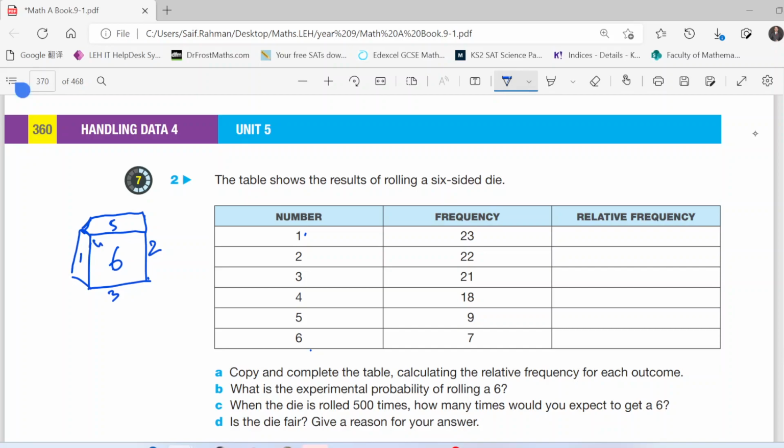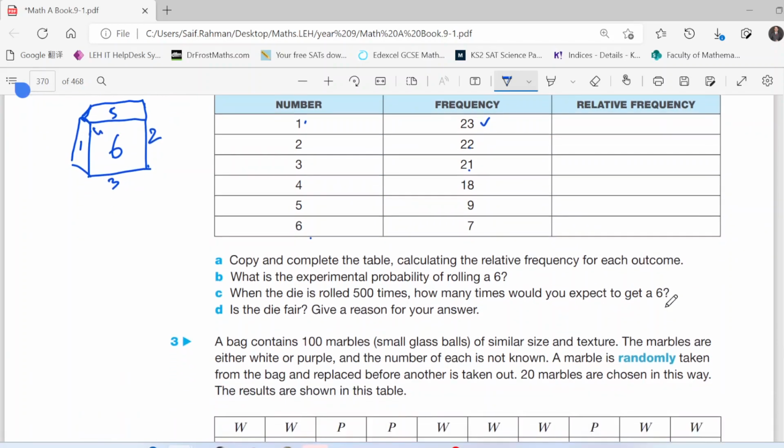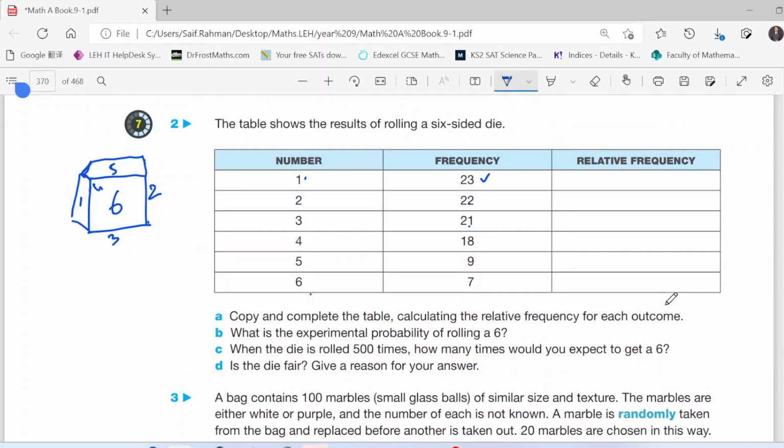So a die is here, and when it is rolled 23 times, the outcome is 1. 22 times it lands on 2, and 21 times the result is 3. In the same way, 7 times the result is 6.